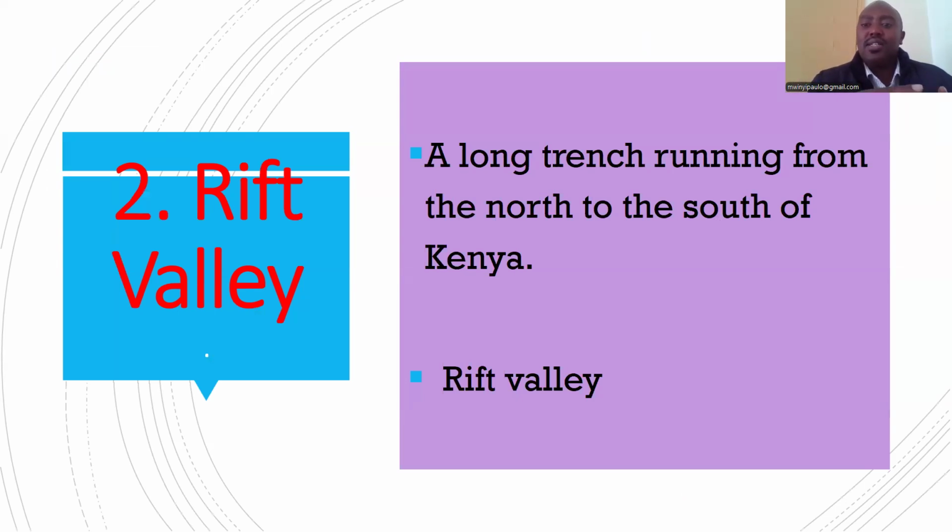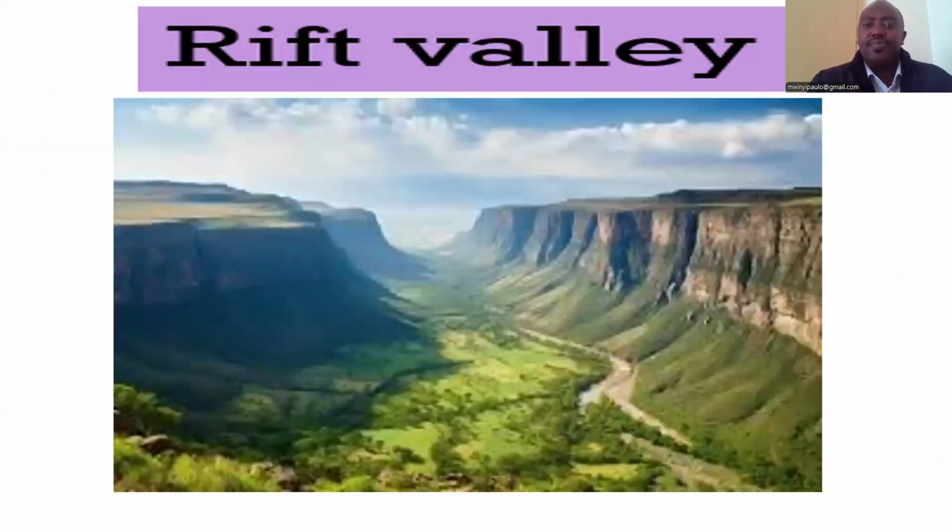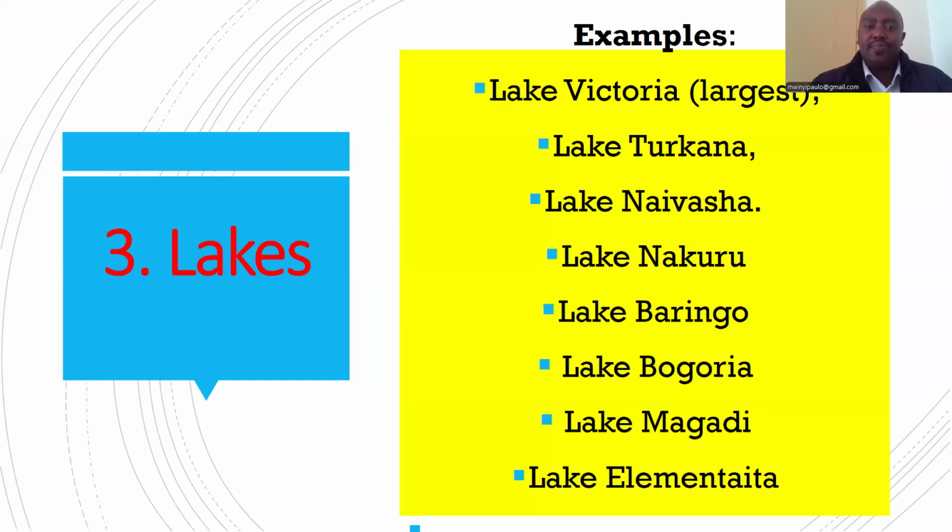You can see the Rift Valley with its steep sides, or walls, called escarpments, and then down there is the valley. So it's a very main physical feature in Kenya, and we've said that it runs from north to south of Kenya.